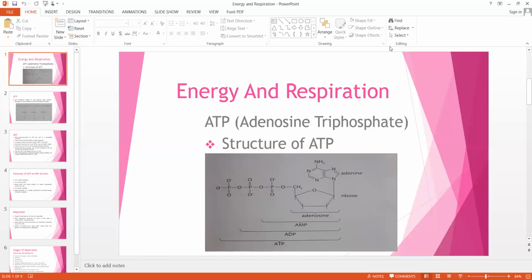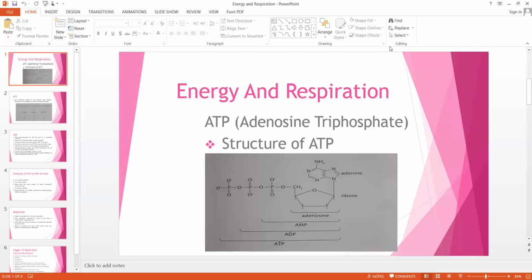And we know that in a living organism, we can lower the activation energy by using enzymes, but in this case, what happens? We increase the energy level of glucose by the process of phosphorylation. A phosphate group is added to the glucose, and that increases the energy level of glucose, and that makes it more reactive so that it can enter into the process of respiration quite easily.